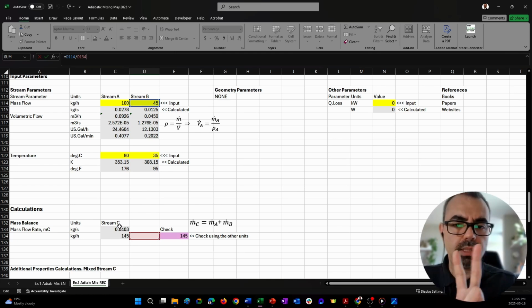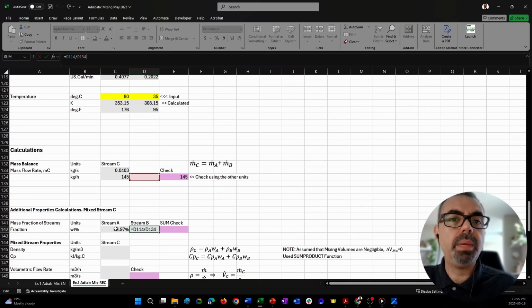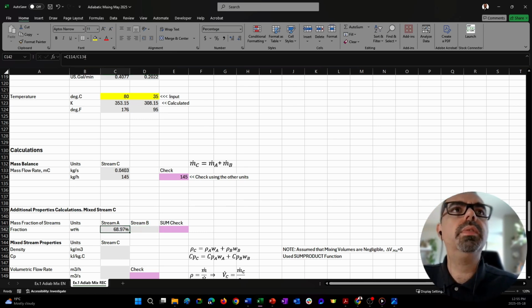So I have two alternatives. I can either manually move it back, or I can actually fix the formula and do it correctly, ensuring that the denominator remains constant in the fixed cell. So that's what I'm going to do. I'm going to delete this, and I'm going to modify this formula, and I'm going to ensure this cell, the denominator, is pinned.